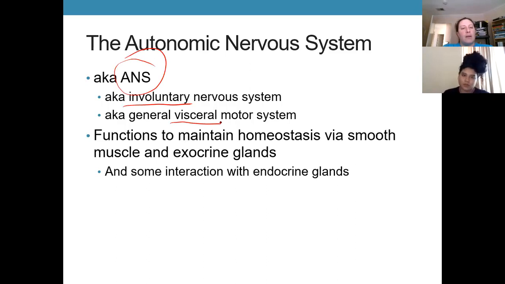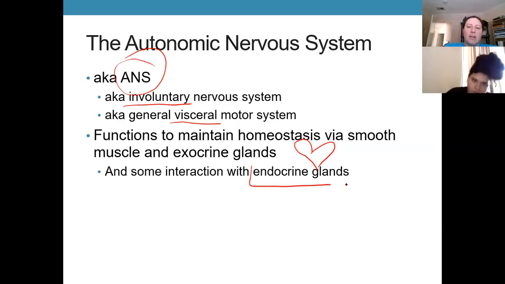And so its major job is to maintain homeostasis. And it does it by using smooth muscle and exocrine glands, and also heart muscle to mediate its responses. It also has some interaction with endocrine glands, which we'll touch on today, and you'll get to see that more in your second semester as well.